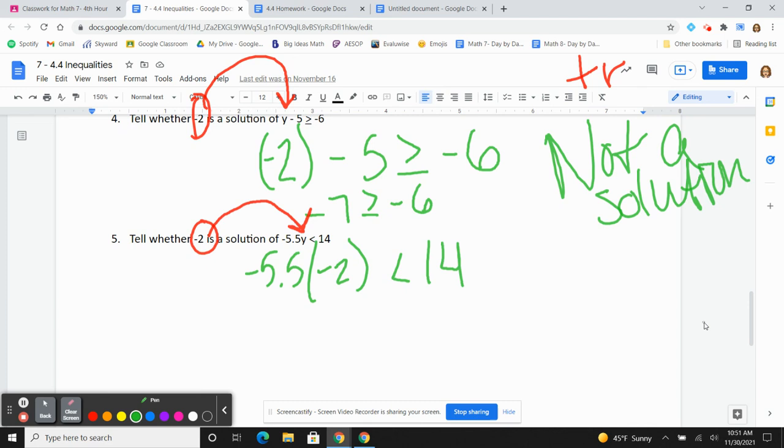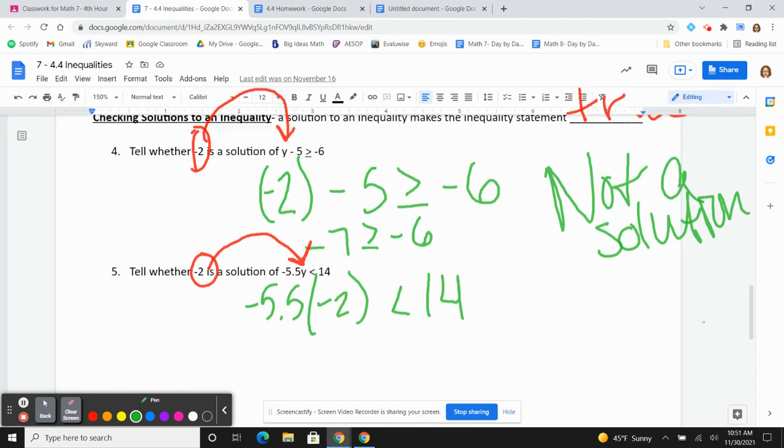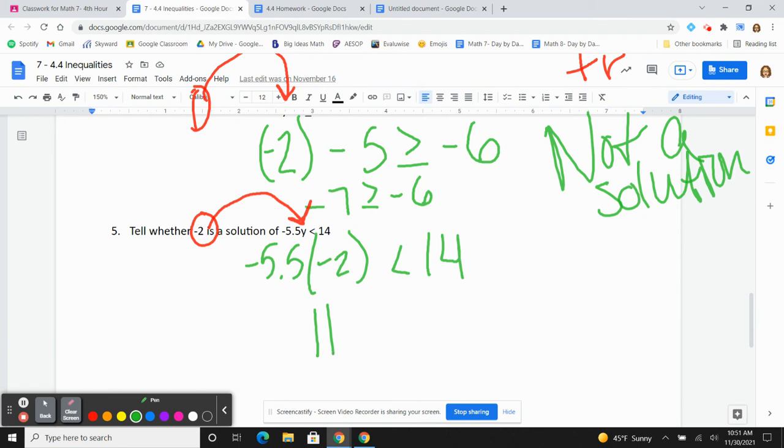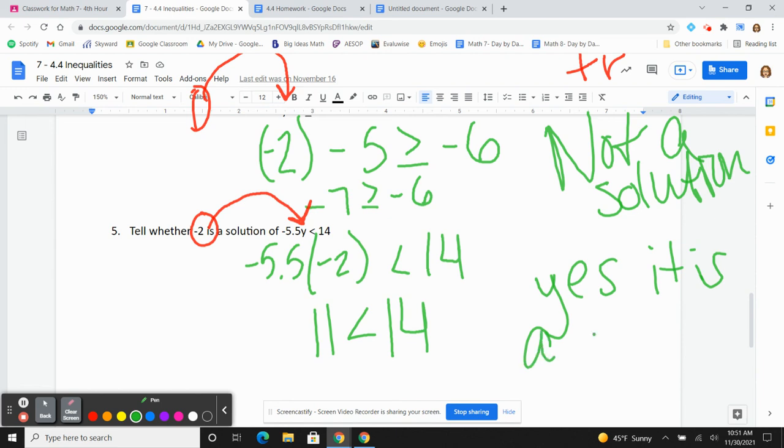What's negative 5.5 times negative 2? 11. Positive 11. Yes. Negative times a negative turns positive. Come on, y'all. Is 11 less than 14? Yes. It is a solution.